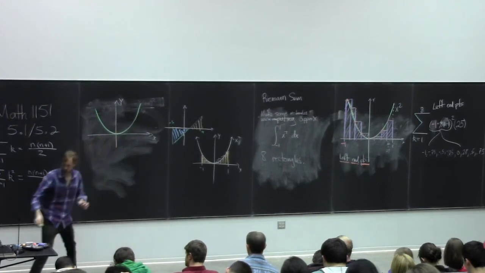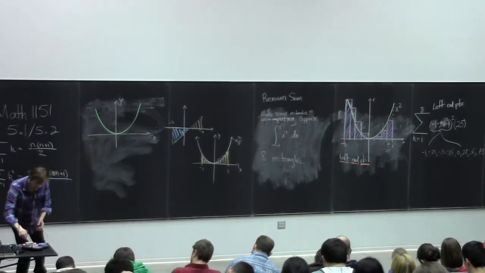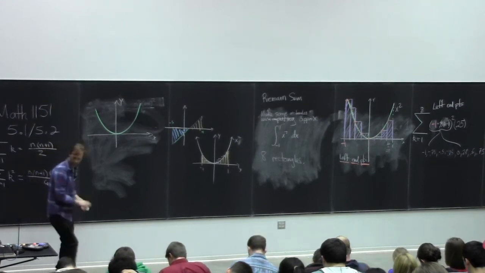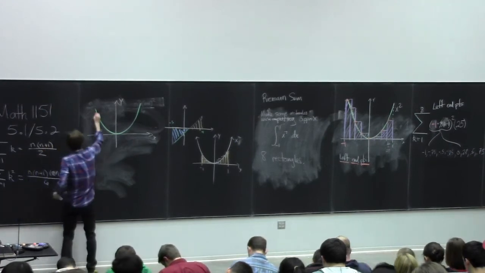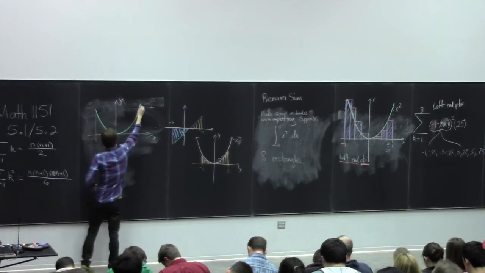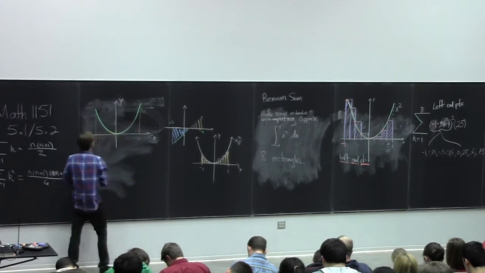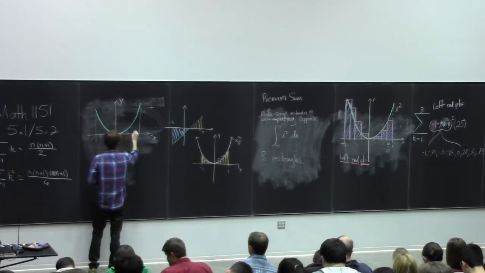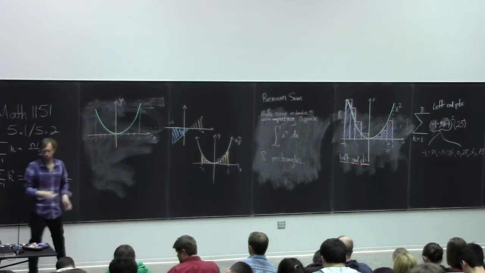There we go. We're going from minus 1, because I say so, to 1. And we're going for right endpoints. And I say my delta x is 0.25. There it is.